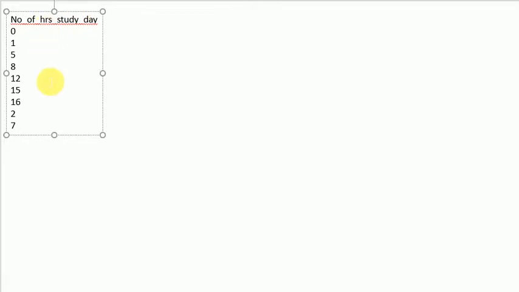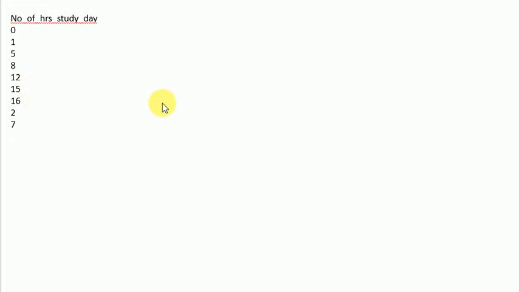Now if you look at the data points, we can see that there are students who are studying for 0 hours, that means they are not studying. There are students who are studying 1 hour, and in a range of 1, 5, 8. Few students are studying 12 hours as well.